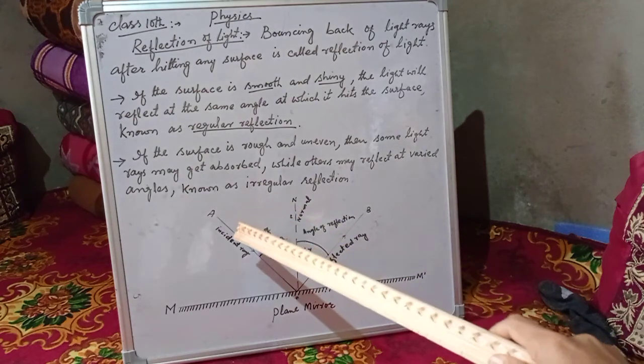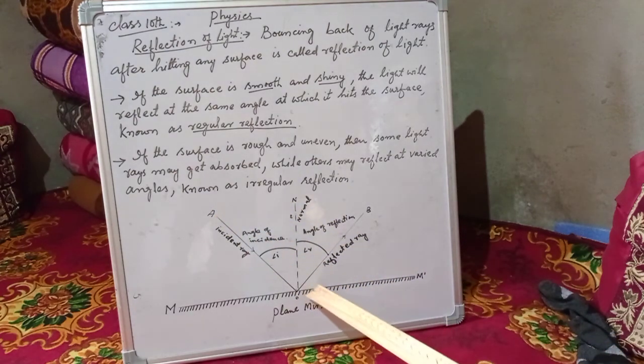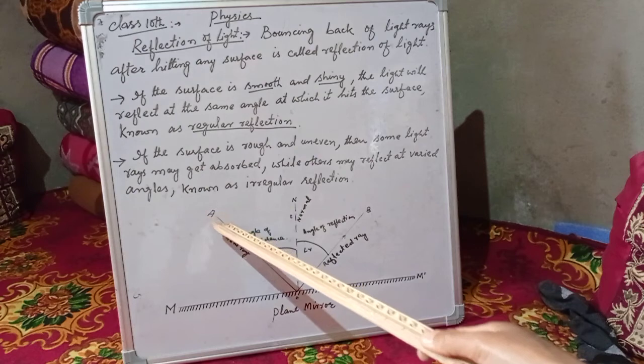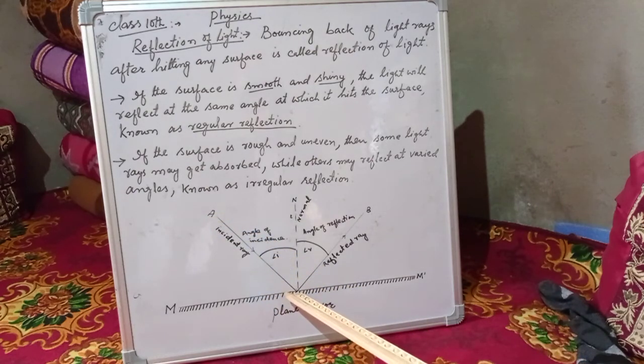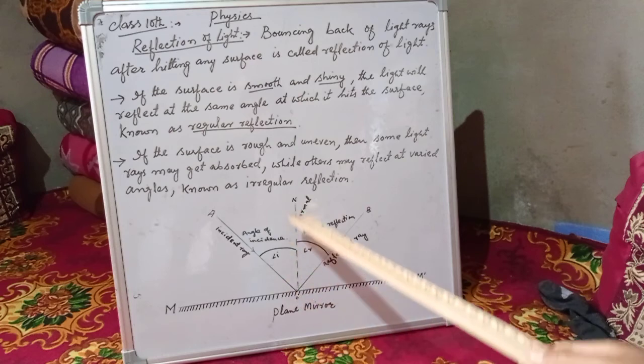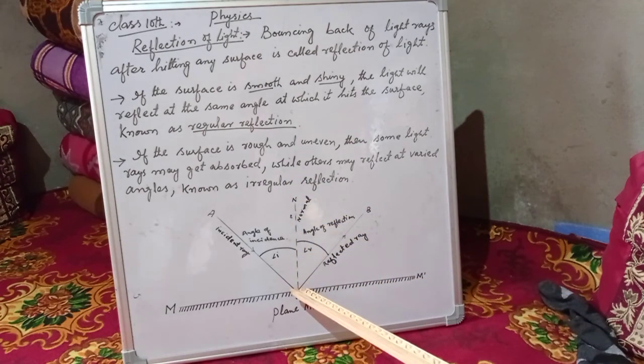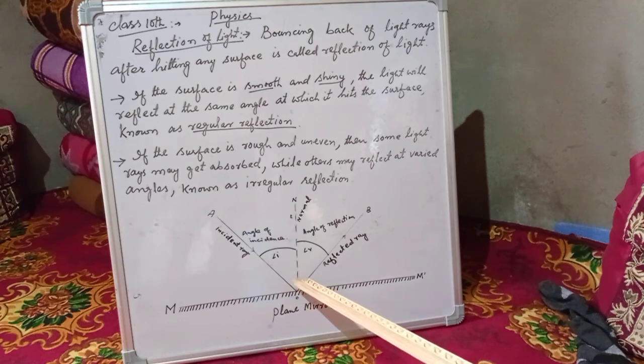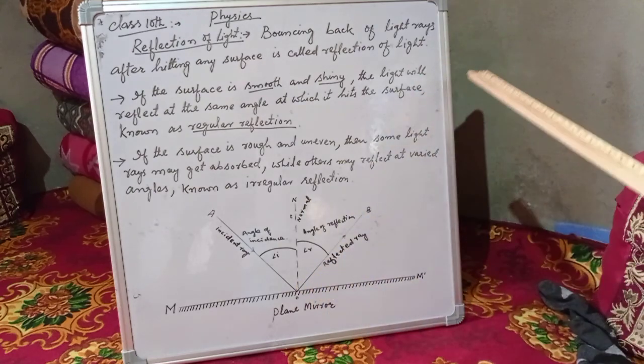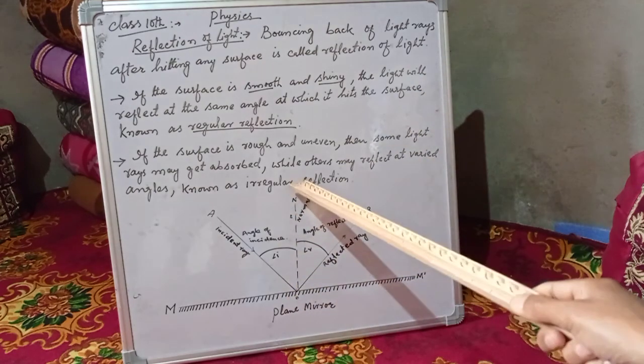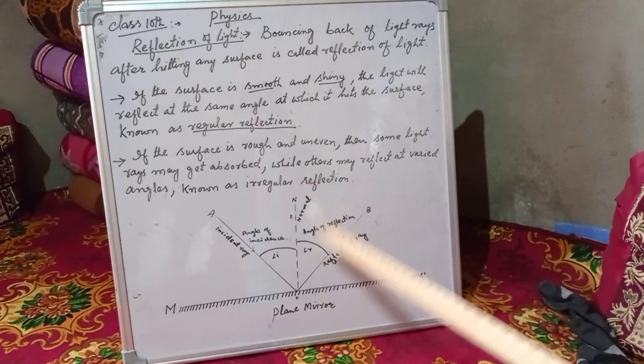Here, I would like to add that AO is the incident ray. The point at which this incident ray touches the mirror is termed the point of incidence. Got it here? So this normal ON is drawn at this point of incidence at right angles. So AO is the incident ray, OB is the reflected ray, and ON, dear students, is the normal.